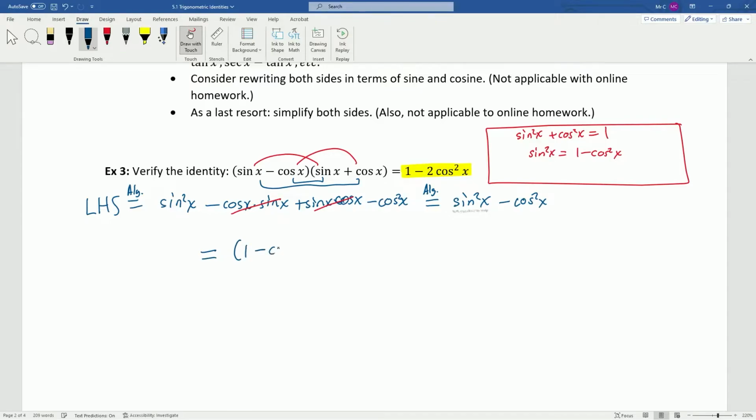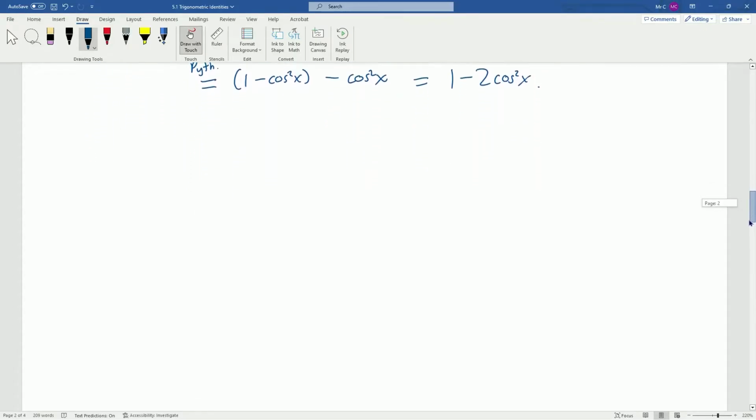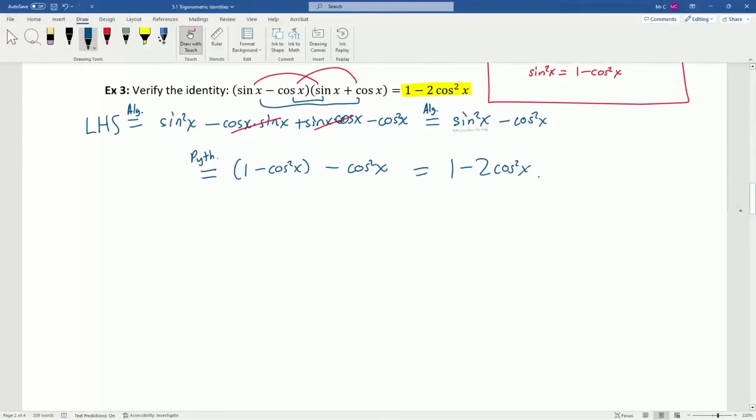So I get 1 minus cosine squared of x minus cosine squared of x. And what did I use here? I used the Pythagorean identity. And 1 minus cosine squared minus another cosine squared is 1 minus 2 cosine squared of x. All right, so that's it for that problem.